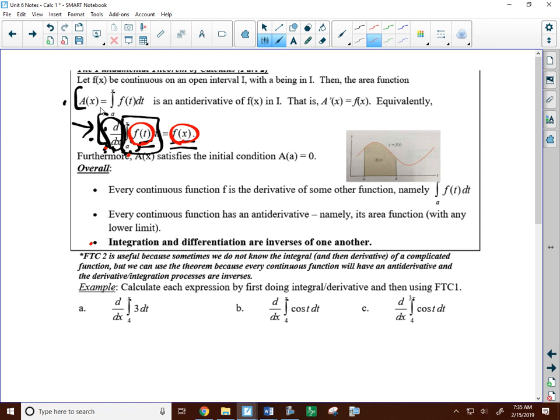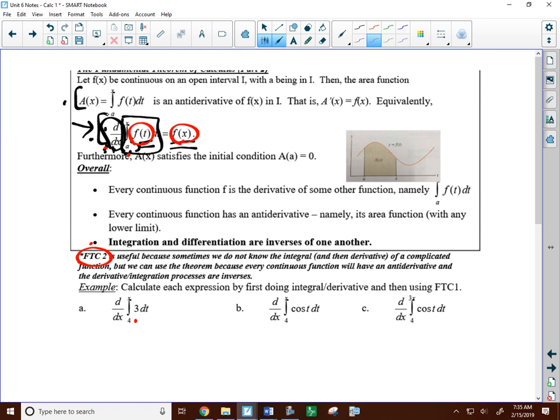Overall, now why is FTC2 useful? Well, to start, I'm going to give us functions that we know the antiderivative of. So we're going to do FTC1, because I want to show you the process, like what it's really doing. But there will be times where we don't know the integral of a function.